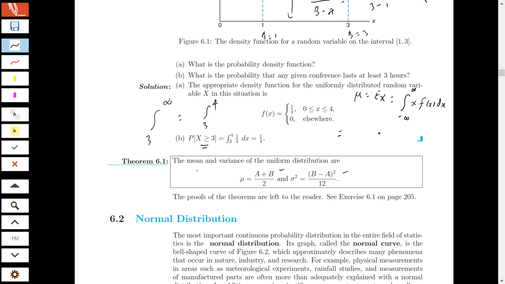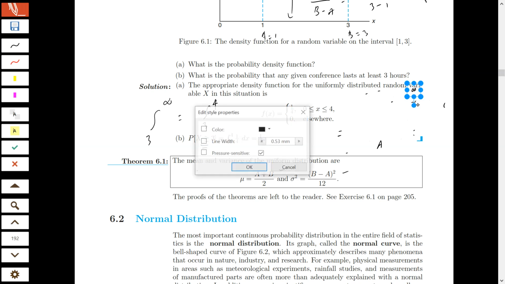And then what is f of x here? It is 1 over b minus a in that region. So you change the region to a to b, and you write this x. You integrate this and you should get this result. And similarly, you can get sigma squared in that way. Instead of proving this with calculus, let's think about these expressions because that is more important.